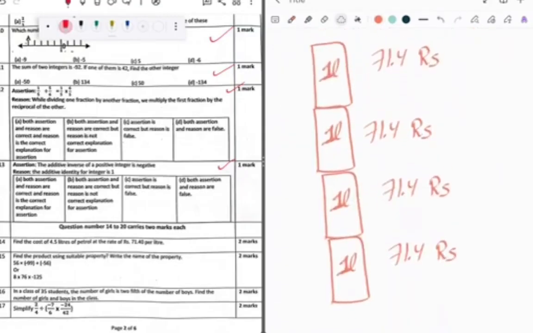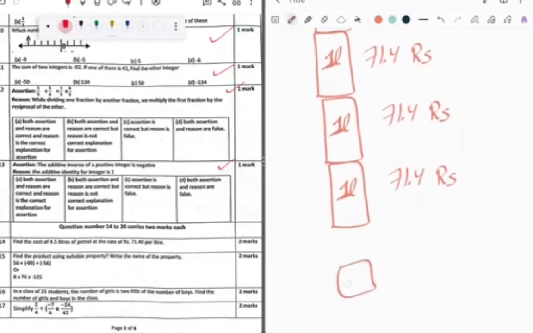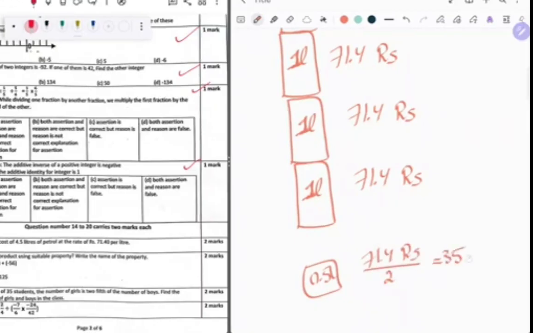These are 4, and then you need to show me a 0.5. So I need 0.5 liters costing 71.4 rupees over 2. That's the beauty of using a calculator. It's not about the numbers, it's about the methods. Okay, 71.4 divided by 2, 35.7.